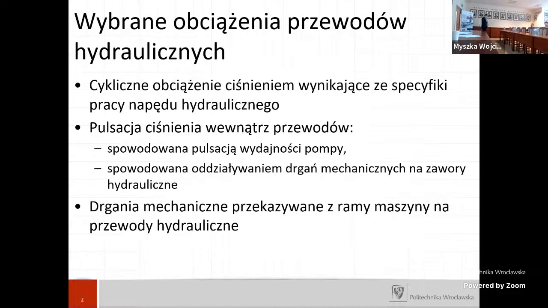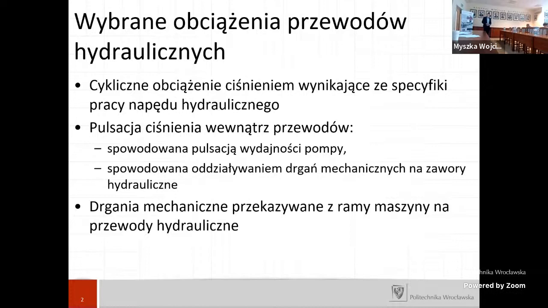Drugim obciążeniem jest pulsacja ciśnienia wewnątrz przewodów, która może mieć źródło po pierwsze w pulsacji pompy. Pompy stosowane w układach hydraulicznych są to pompy wyporowe. Pulsacja wydajności powoduje pulsację ciśnienia, więc oprócz ciśnienia średniego, które może się zmieniać, mamy cały czas pulsację ciśnienia.